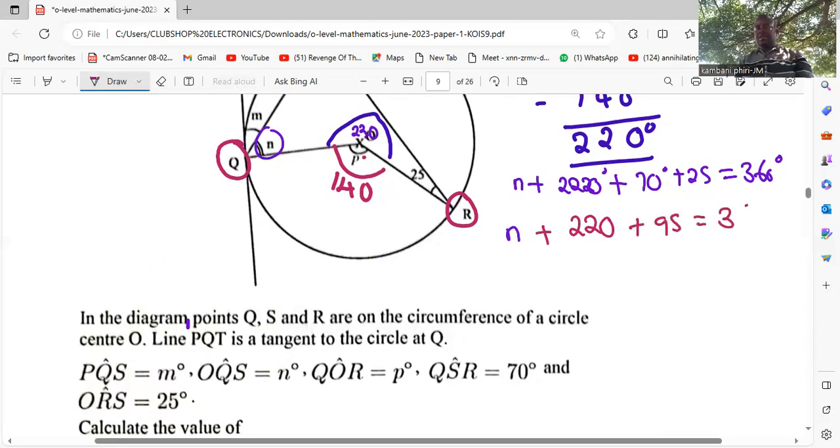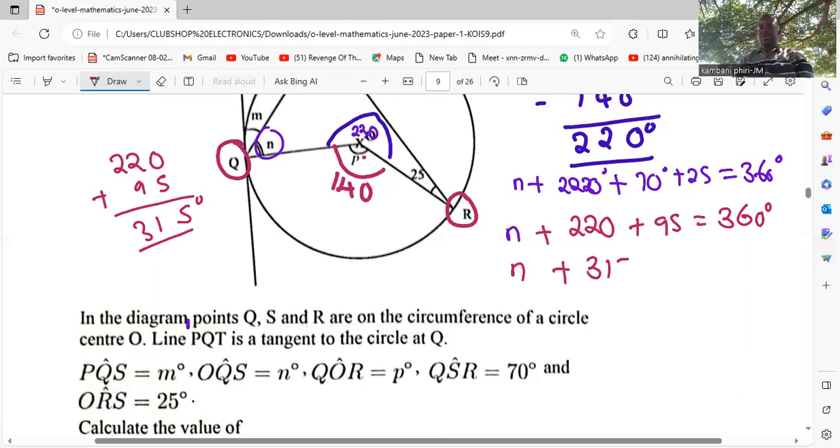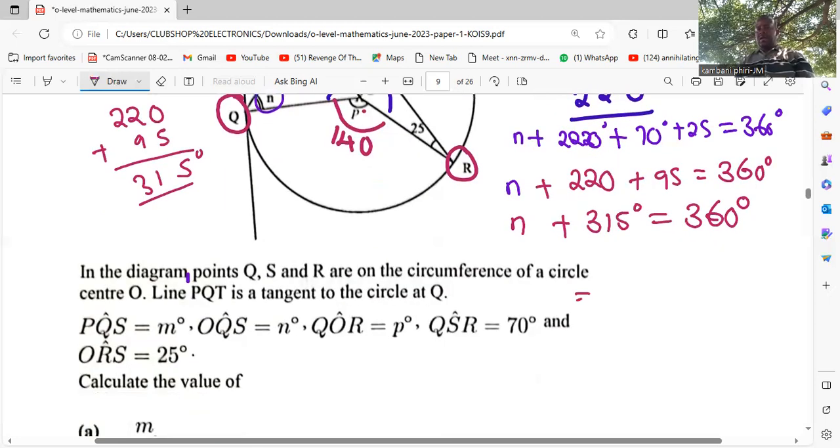You can add 220 plus 95 and get 315. So N plus 315 degrees equals 360, implying that our N will be 360 degrees minus 315 degrees.